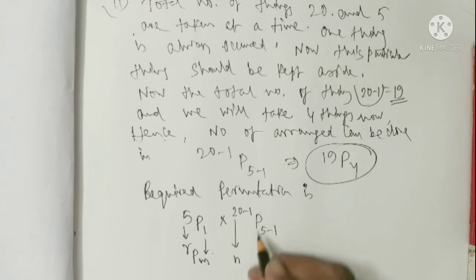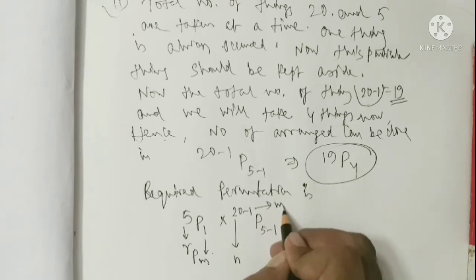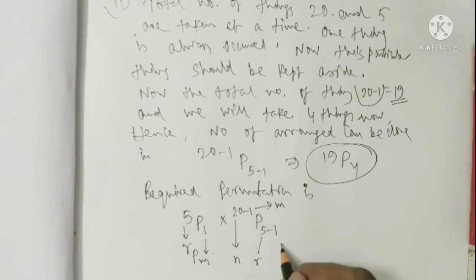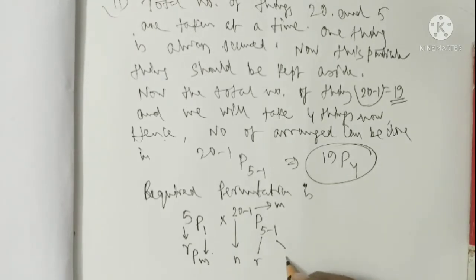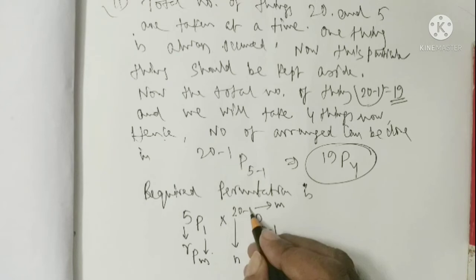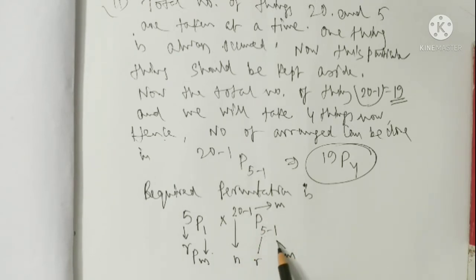This is n, this is m, this is r, this is m. That is, we apply here rPm into n minus m P r minus m.